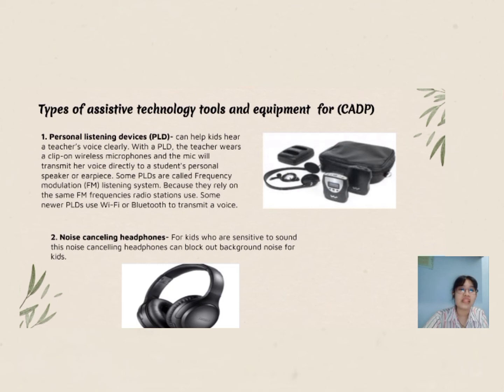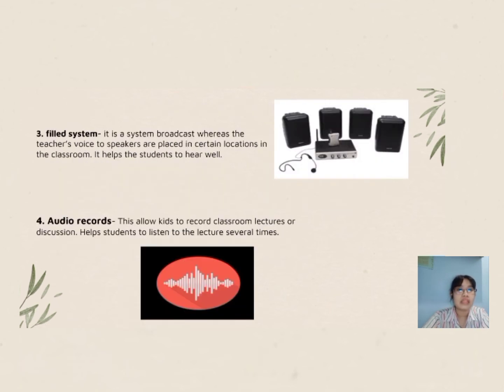Next is the noise-canceling headphones. For kids who are sensitive to sound, the noise-canceling headphones can block out the background noise. Next is the field system. A field system broadcasts the teacher's voice to speakers placed in certain locations in the classroom. It helps students to hear well. The speakers are placed in different parts of the classroom, especially since persons with CAPD, or Central Auditory Processing Disorder, have more difficulty hearing voices.